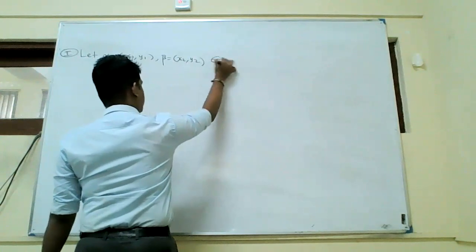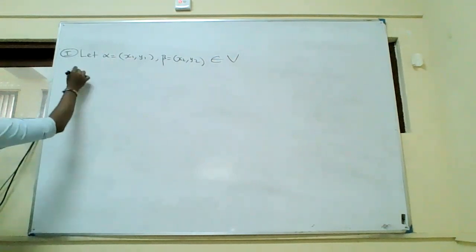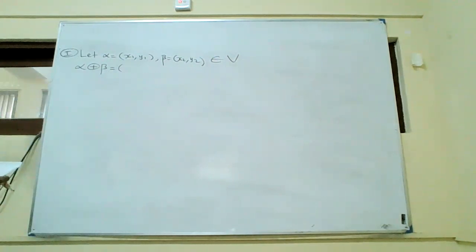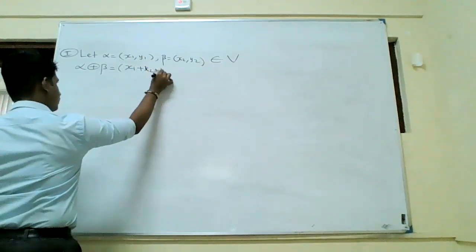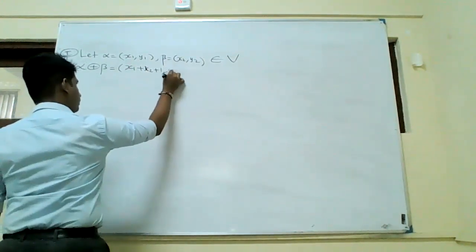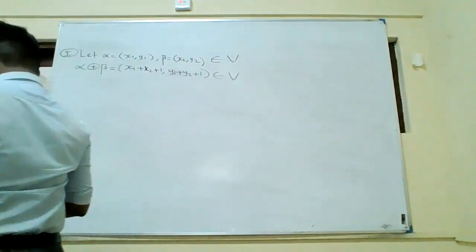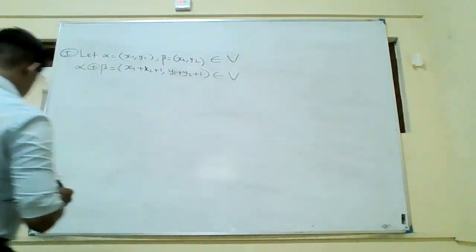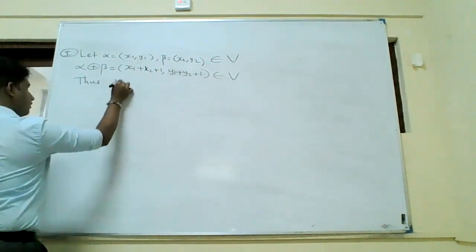These two elements belong to B, two vectors in B. So the vector addition is also in B, because this is a real number and this is a real number. Thus B is closed under addition.